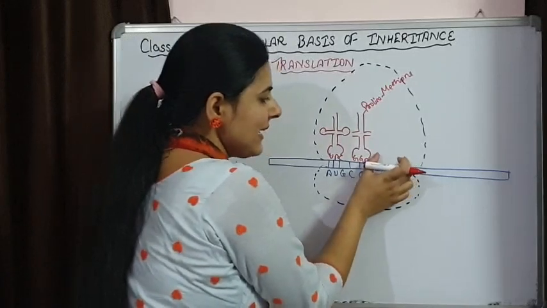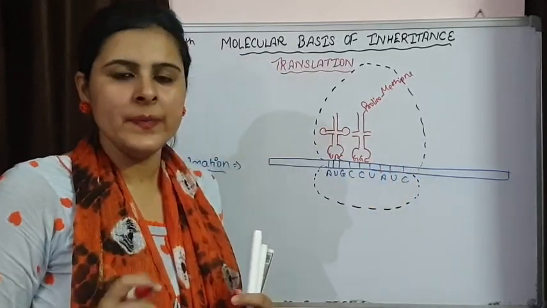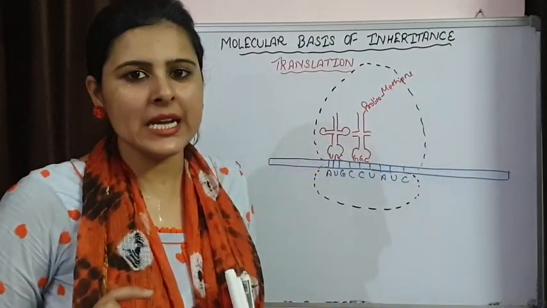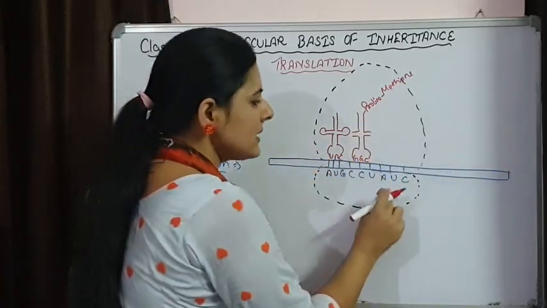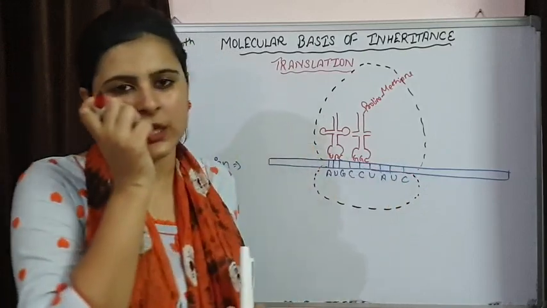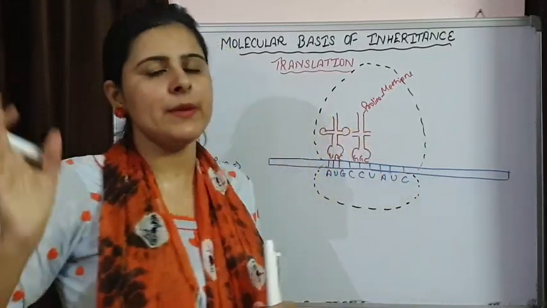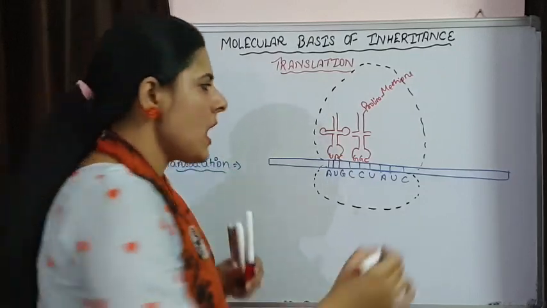Now again this A site is vacant, and now this A site is going to receive another tRNA that is containing the anticodon for this particular codon, and same thing, the 3' end is going to carry an amino acid.